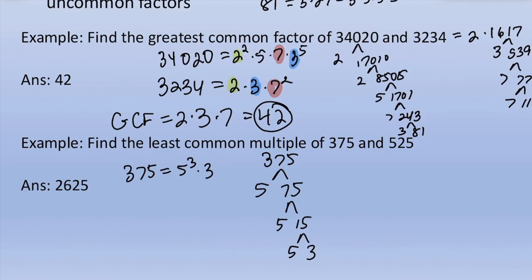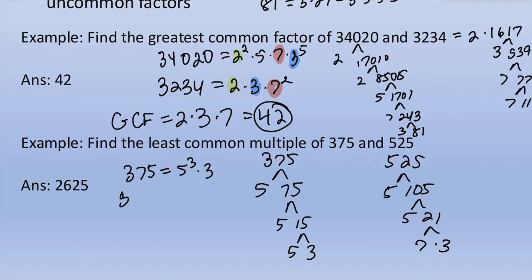Okay, let's do it for 525. 525 ends in 5, so it's divisible by 5, so divide by 5. You get 5 times 105, which is divisible by 5 because it ends in 5, so divide by 5. Now, 21, hopefully that's just a fact you know, that is 7 times 3.